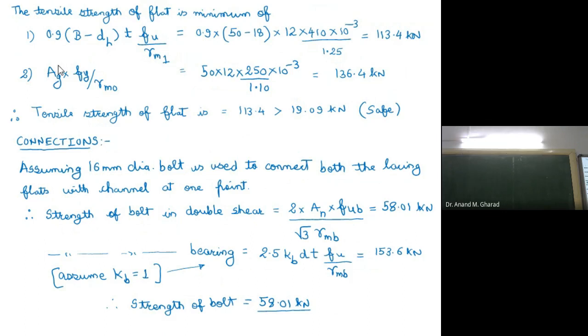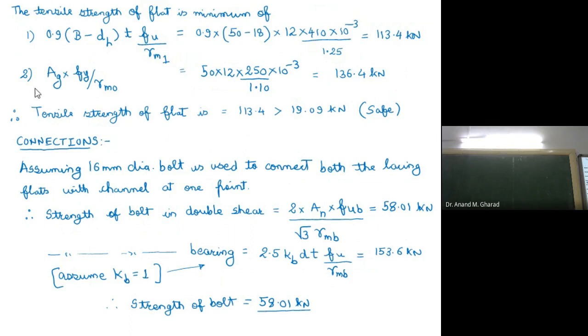Flat plate may experience block shear failure, but if the number of bolts are more, यहाँ पे मुझे मालूम है कि कोई ज़्यादा number of bolts नहीं है, but in case in your design, if you come across more than 2 bolts, you are supposed to verify the block shear failure capacity as well.